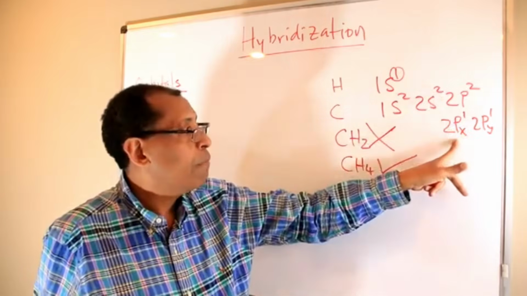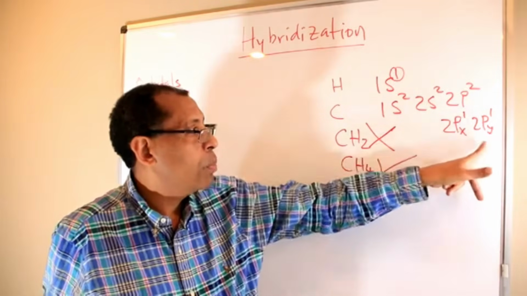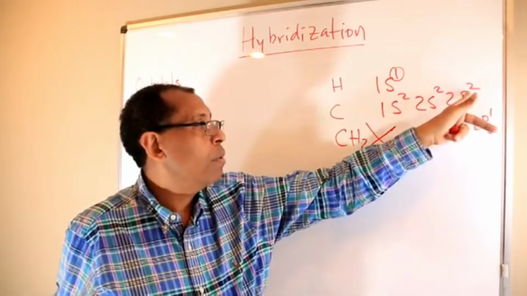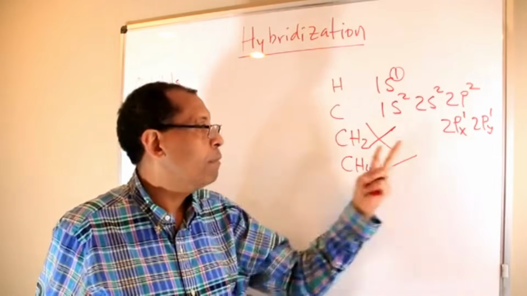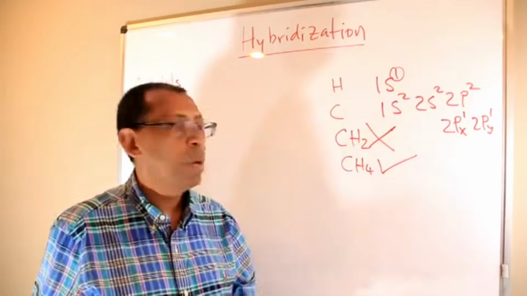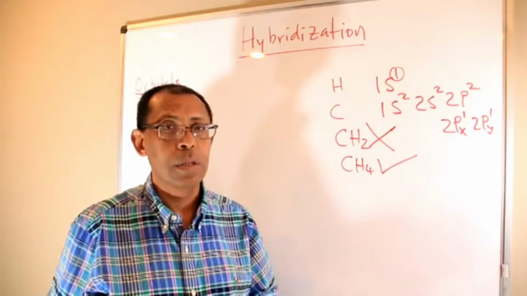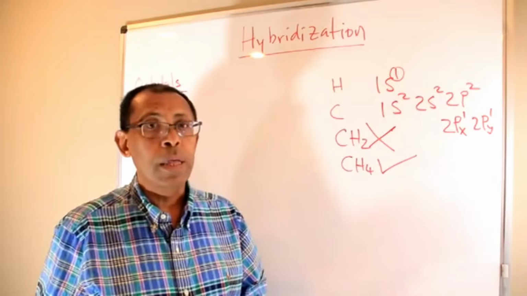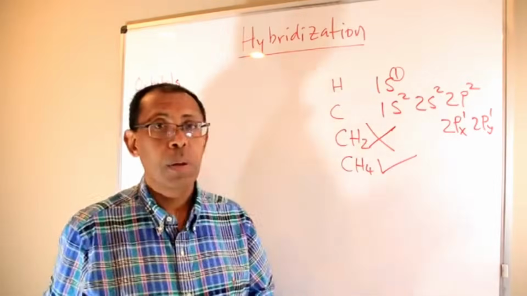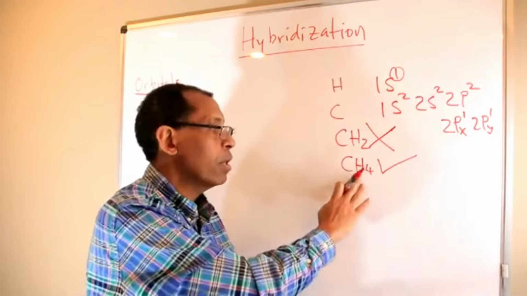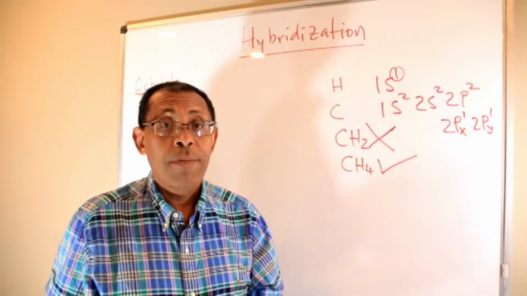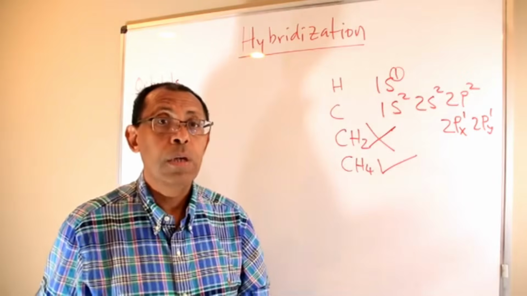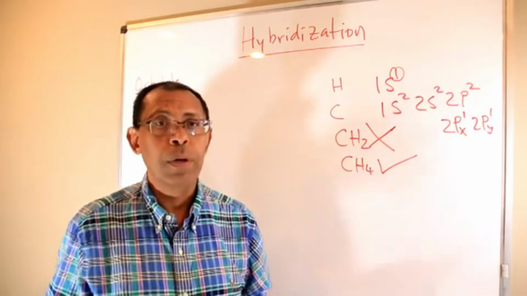If you have 2px1 and 2py1 for the 2p2 configuration, the maximum you can have is 2 hydrogens, but CH2 doesn't really exist. So this idea of having CH4 can only be justified by hybridized orbitals. What are hybrid orbitals?